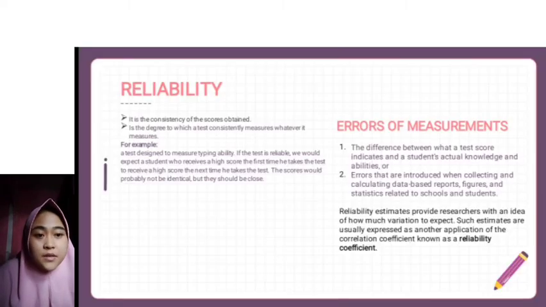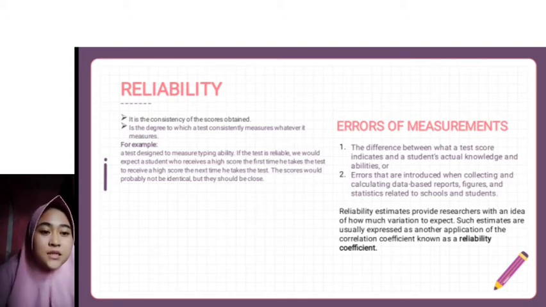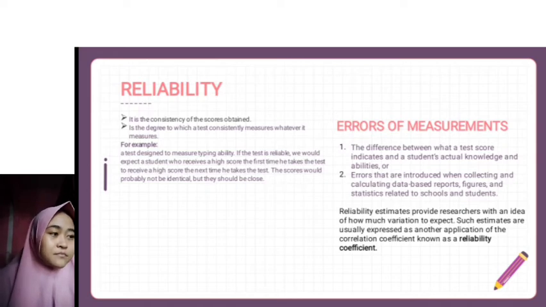Reliability is the degree to which a test consistently measures whatever it measures. Reliability is the consistency of the scores obtained, meaning how consistent they are for each individual from one administration of an instrument to another and from one set of items to another.